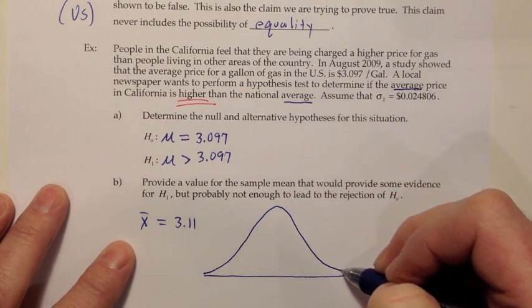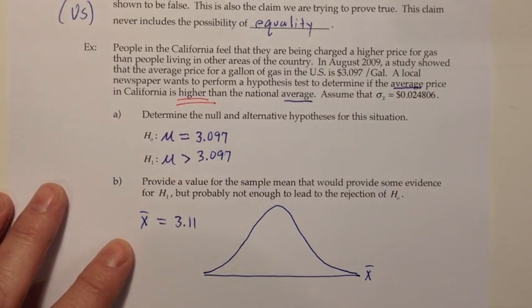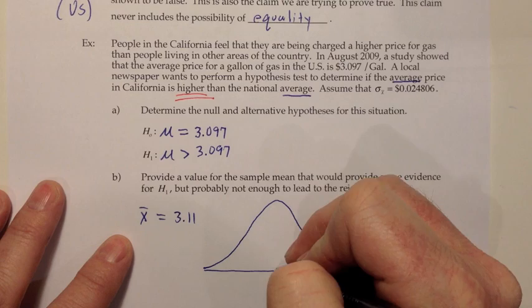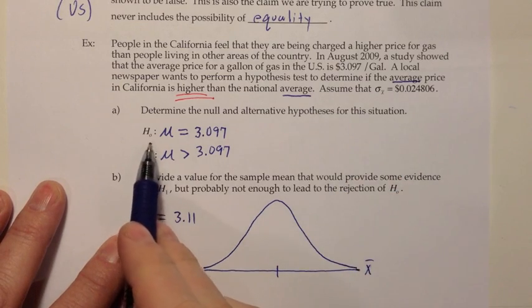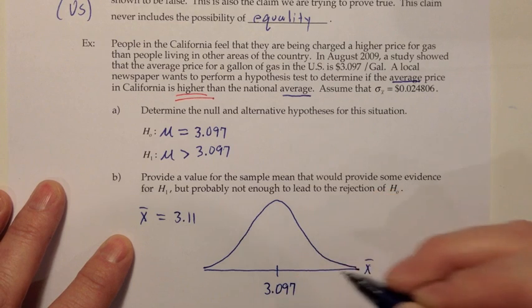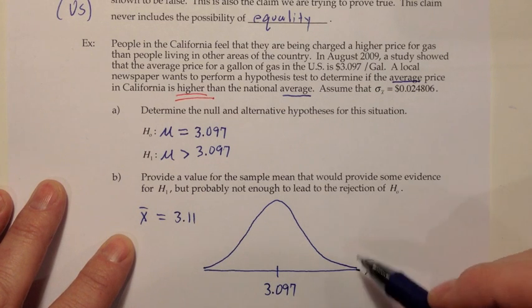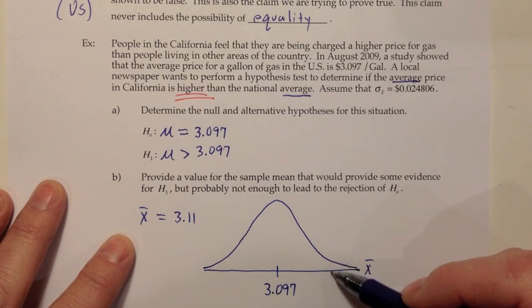Assuming I took at least 30 gas stations in my sample, then the X bar would turn out to be bell-shaped. I would give the benefit of the doubt to H0 at first and put its claimed value of 3.097 in the middle. And then I think about where's this 3.11. And it's on the right, that's why it provides some evidence for H1. But it's not way out to the right. 2 standard deviations maybe be about here.